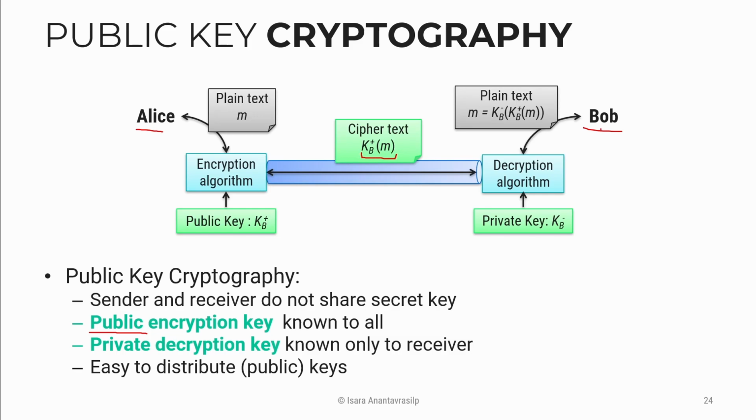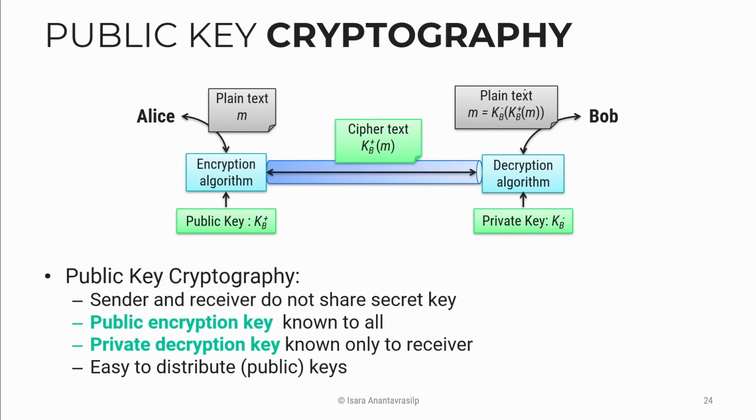When Bob wants to decrypt the message, he uses a common decryption algorithm that is known to everybody, along with his private key denoted by KB minus, in contrast to plus here. So he applies KB minus on the ciphertext KB plus (M), and he gets message M back.